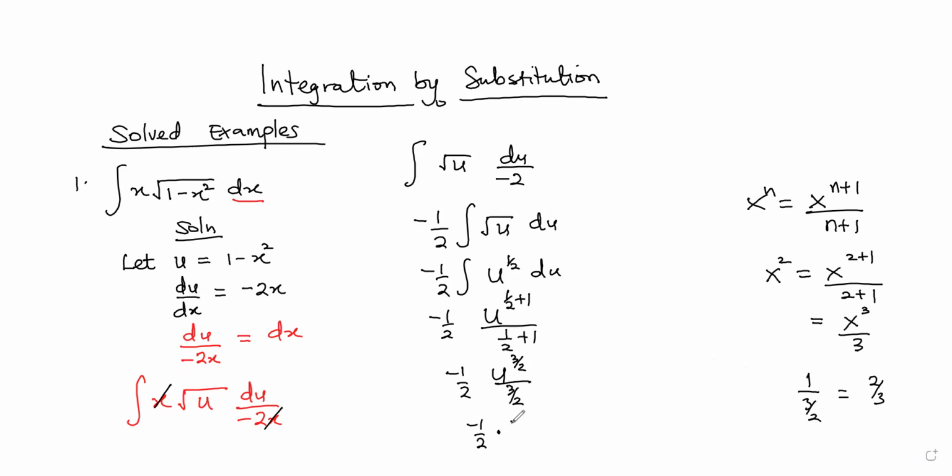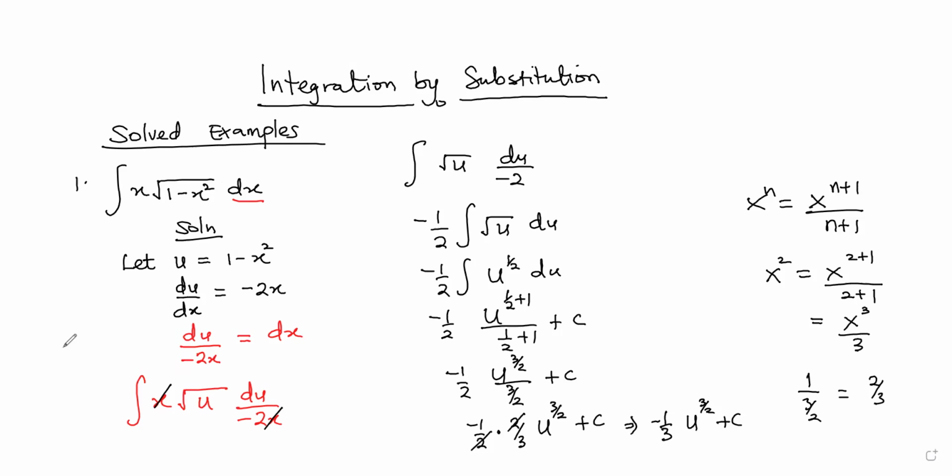So it means that it times 2 on 3, u raised to the power 3 on 2 plus c. And anytime you integrate an indefinite integral, you add c, which is the constant of integration. So these two cancel these two. We are left with minus 1 on 3, u to the 3 on 2 plus c.